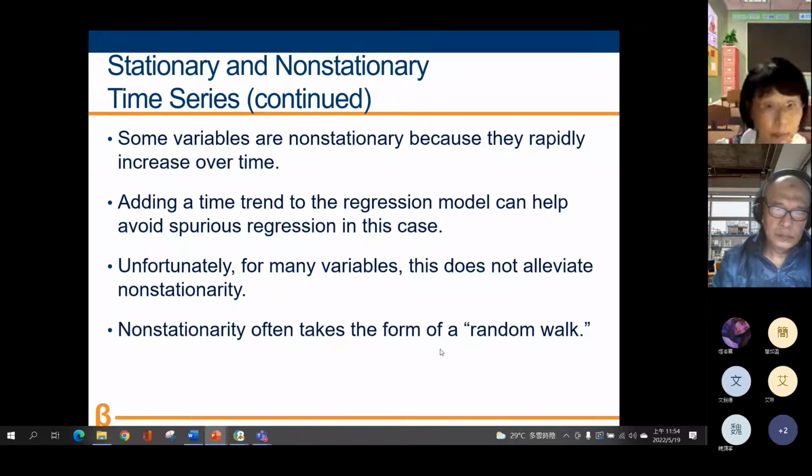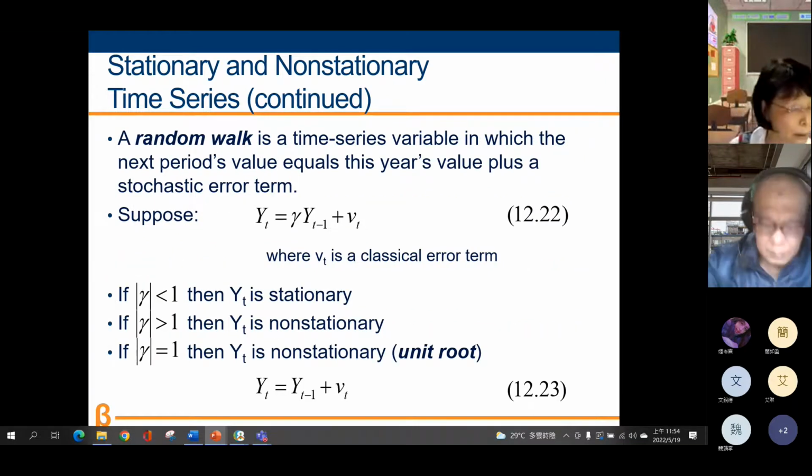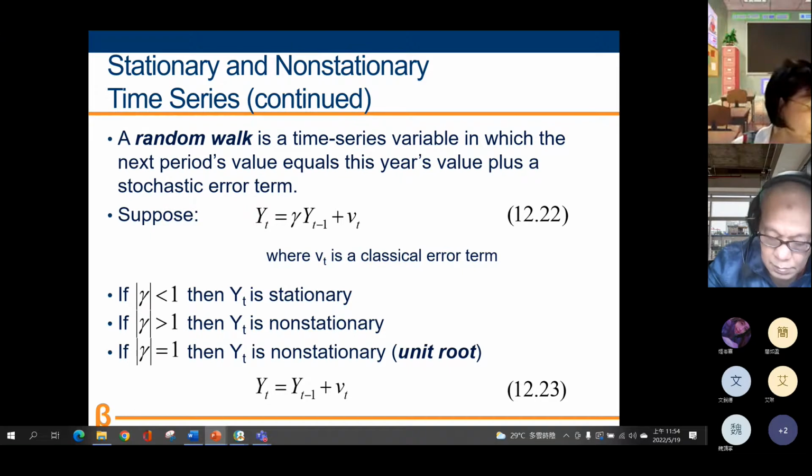Now, let's explain what a random walk is. This is what we have in our textbook on page 396. First of all, look at equation 12.22.